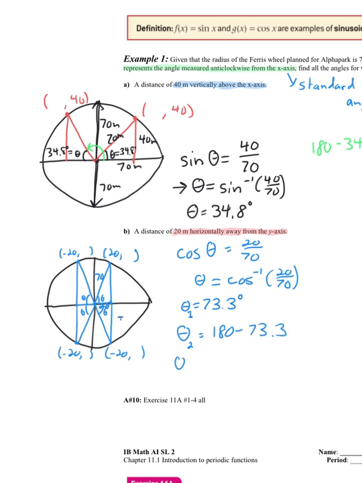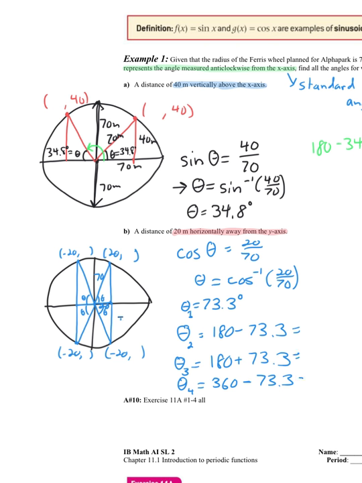Our theta for quadrant 3 is going to be, let's see, 180 plus another 73 degrees. And our theta for quadrant 4 is going to be 360 minus 73.3 degrees.